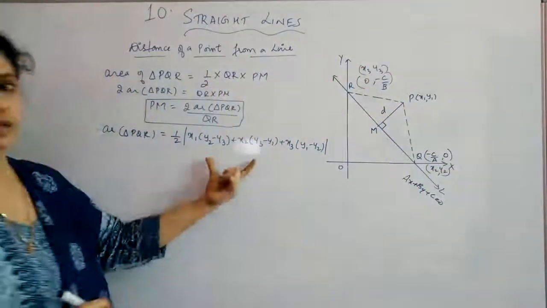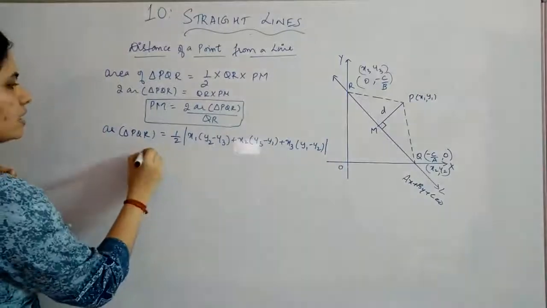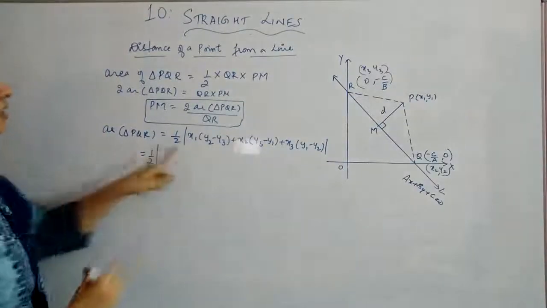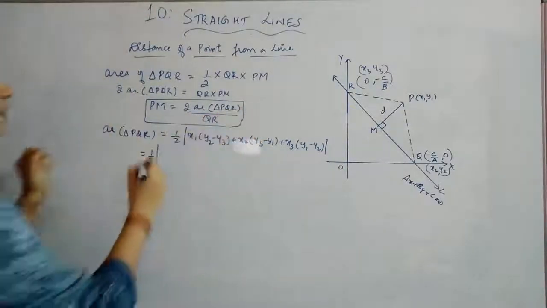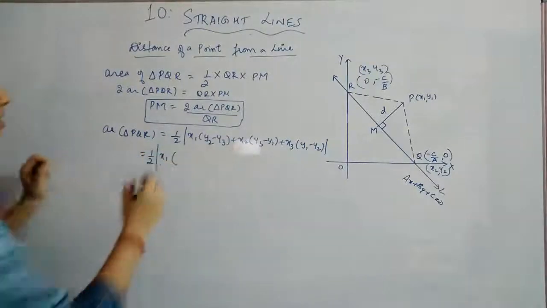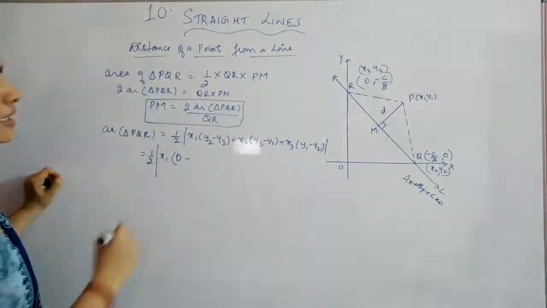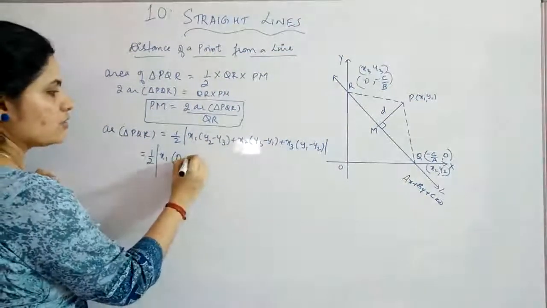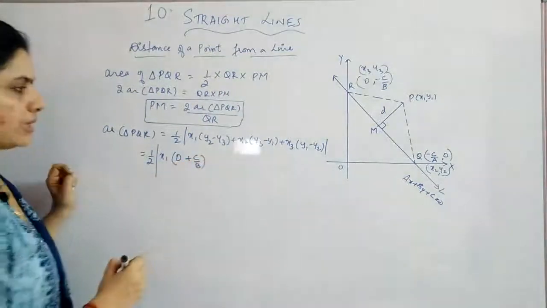Now we replace the values to find the area. It will be half into x1 into (y2 minus y3). y2 is 0, and 0 minus y3 is minus of minus c by b, so it becomes 0 plus c by b.